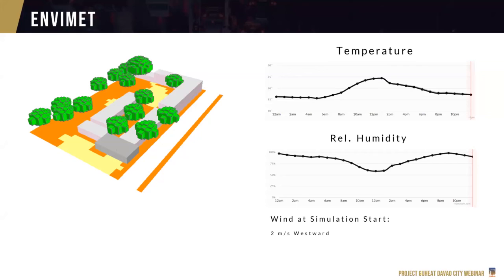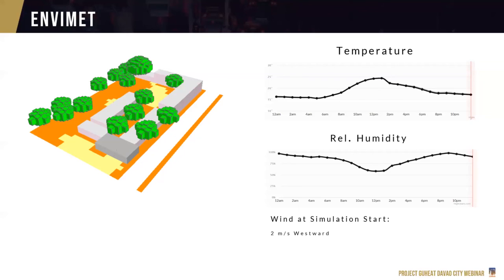The green spheres represent the vegetation canopy, and the surface color represents the surface material. In this case, the brown orange areas represent soil, while the light yellow areas are sand.